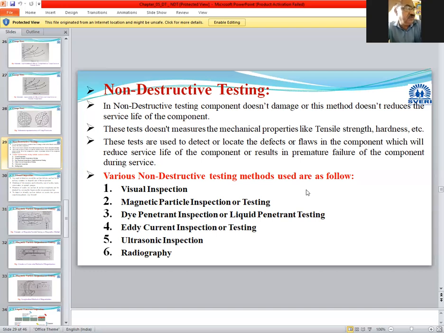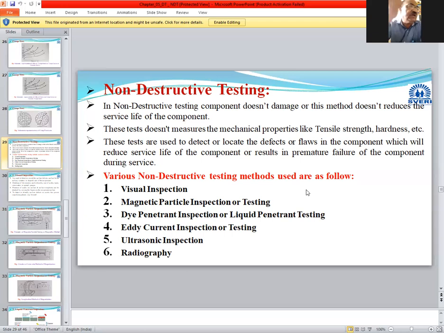Under cyclic loading, the stress should be below the ultimate tensile strength, and the material will still break. This is called fatigue failure. Based on the number of cycles and stress, we can decide the fatigue limit also.